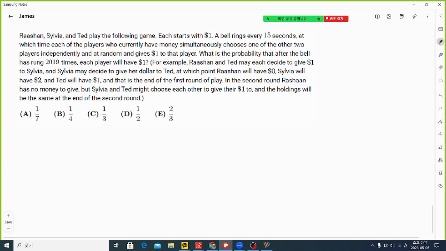So we can think of such possibilities. Something like this. S gives money to S, R gives money to S, S to T, T to R, or no. Why is it not working?